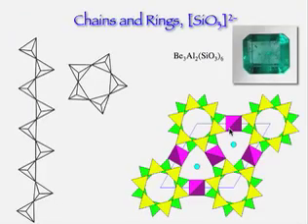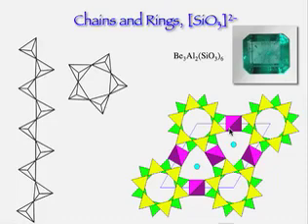We can condense further. We add a little more acid, remove another oxygen atom as water. We can get to chain and ring structures where the anion is some polymer of SiO3 2-. It can be SiO3 2- times 2, times 4, times 5, times 10, whatever.